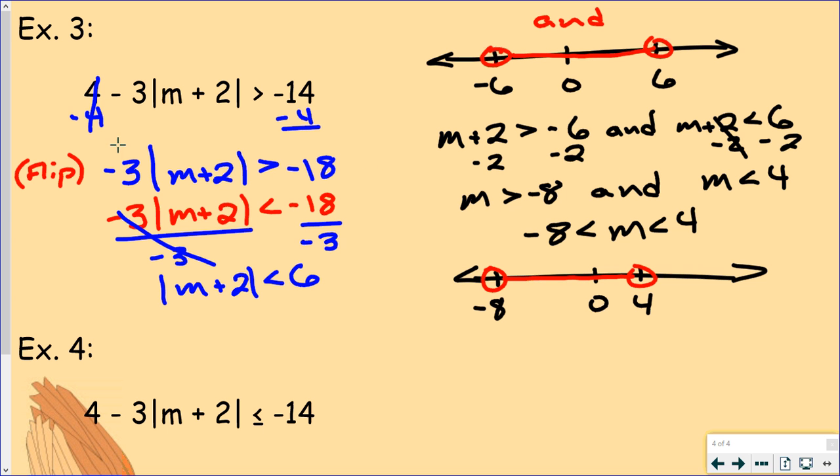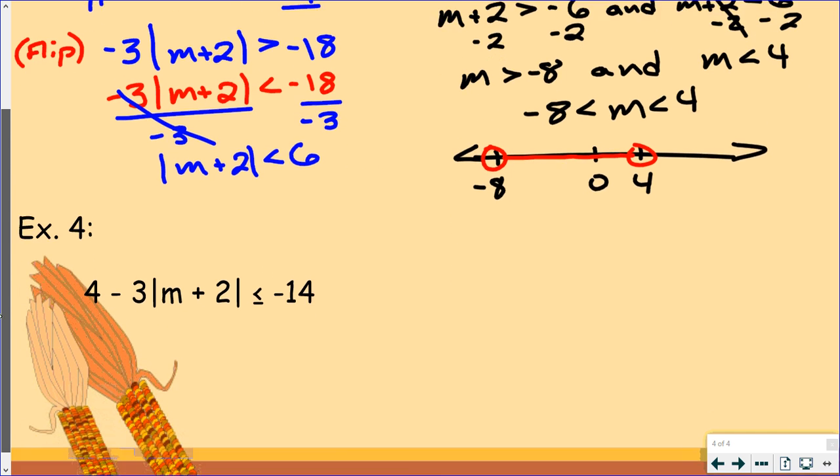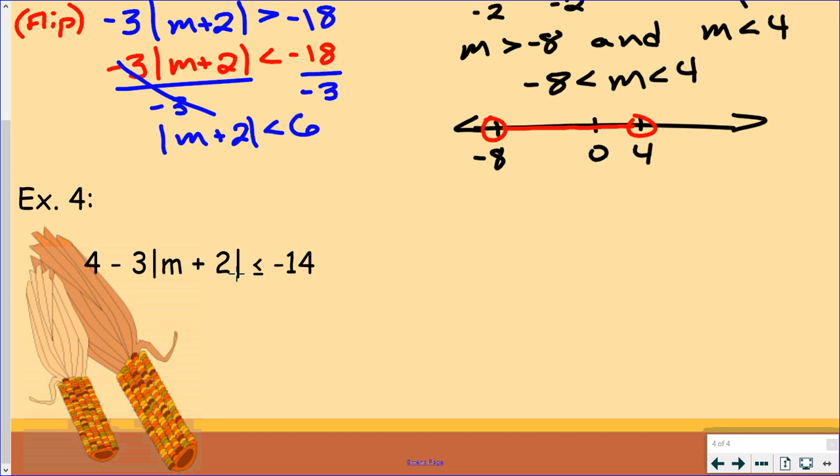All right. So let's look at the same thing, but here it's a less than. So I'm going to do this exact way. Subtract 4 from both sides. Minus 4. So I have negative 3 times the absolute value of m plus 2 is less than or equal to negative 18. Again, the variable's being multiplied by a negative number.